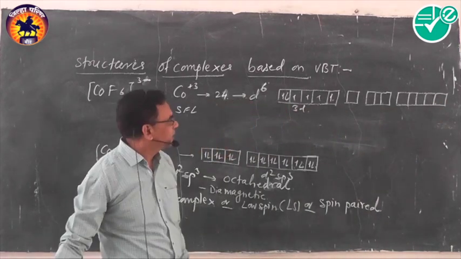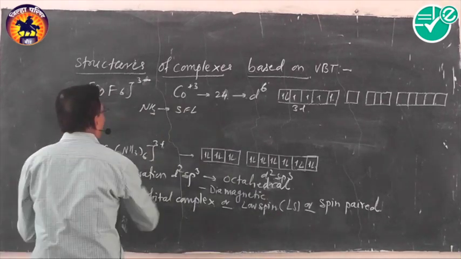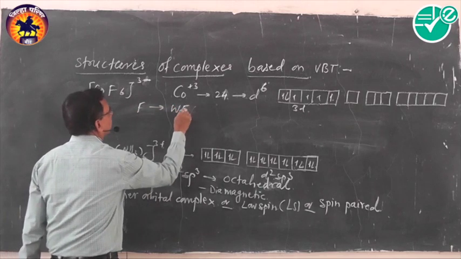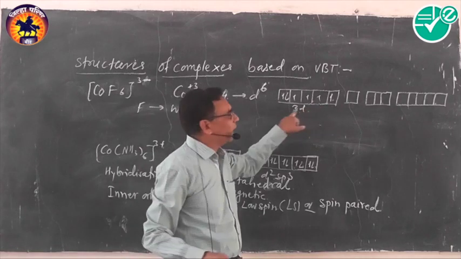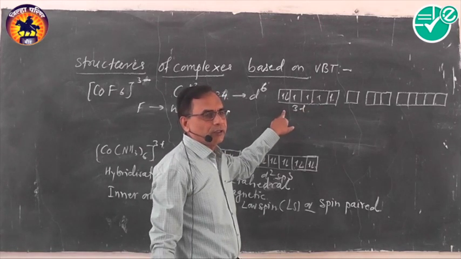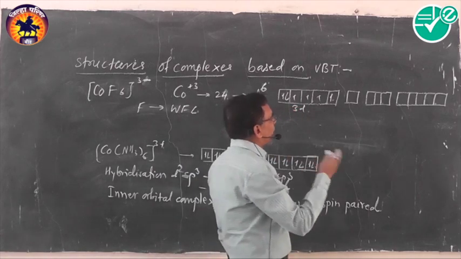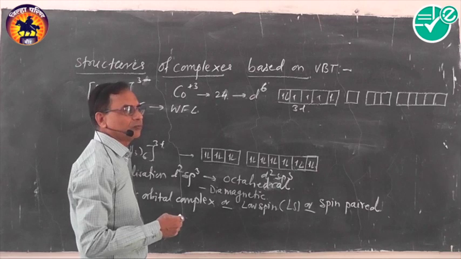In this case, since F is a weak field ligand, pairing of electrons cannot take place. They remain unpaired. So for hybridization, remember one thing, the coordination number is 6.